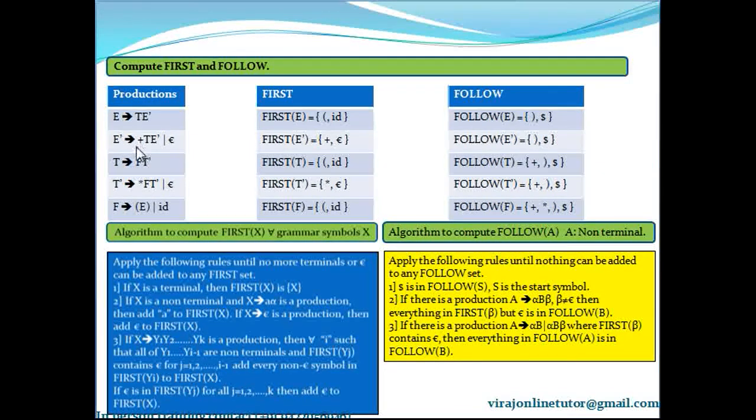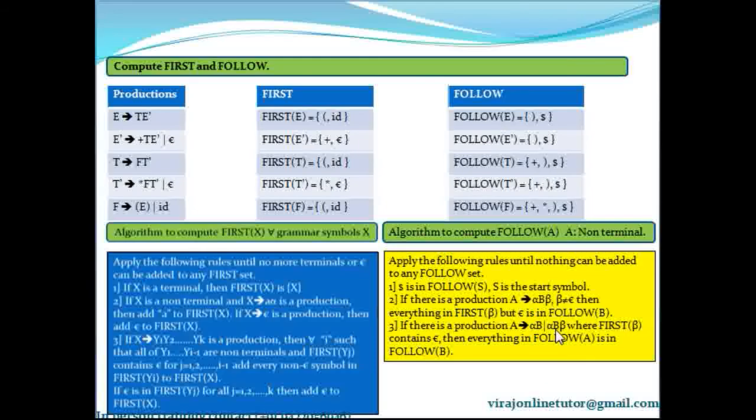This is also ending with a non-terminal. Place follow of E dash into follow of E dash, which is one and the same thing. This is also ending with a non-terminal. Place follow of T into follow of T dash. This is ending with a non-terminal. Place follow of T dash into T dash, which is one and the same thing. This is not ending with a non-terminal, so forget about it.